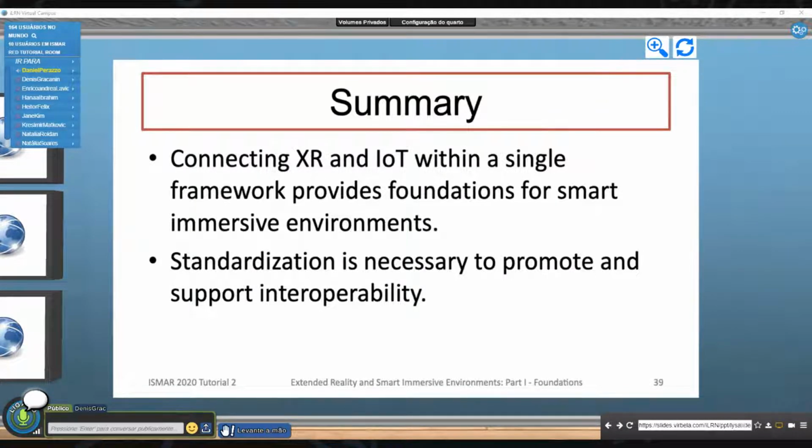We use standardization, using various IoT standards or networking standards, in addition to standards such as OpenXR, to promote and support interoperability, which in turn will make it easier to develop and deploy applications and devices, and also reduce cost and therefore facilitate further adoption of extended reality technology, smart built environments, and therefore promotion of smart immersive environments.